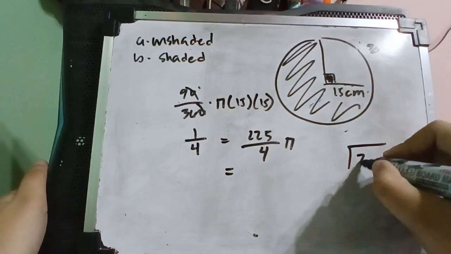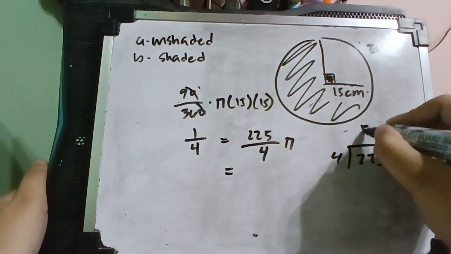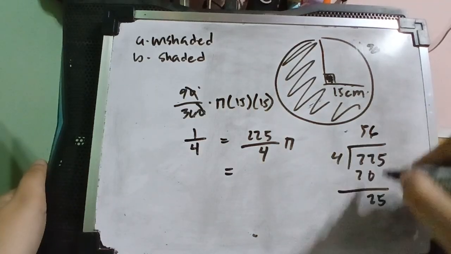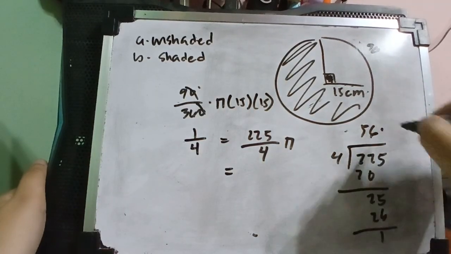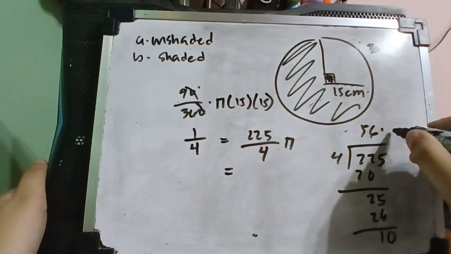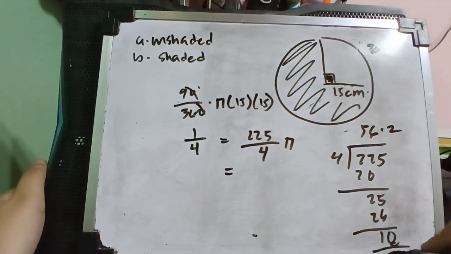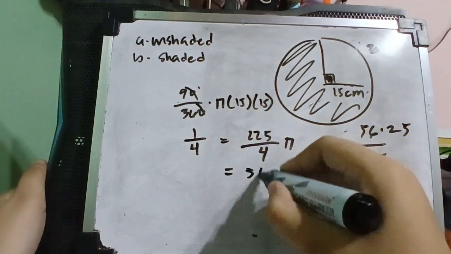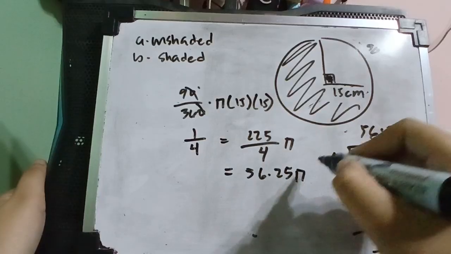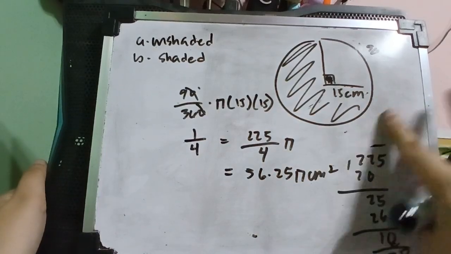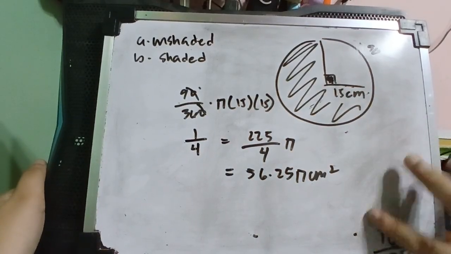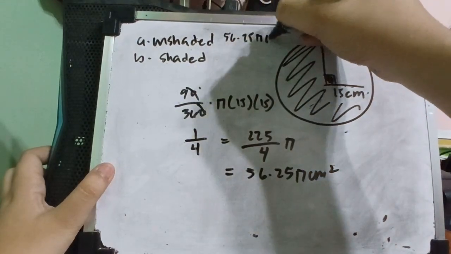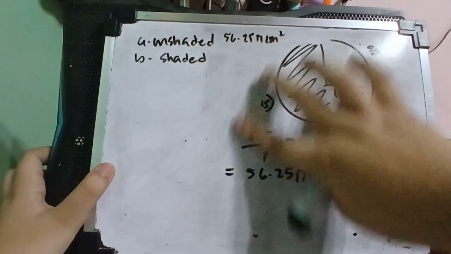So, magiging 56.25 pi cm squared. Okay? So, yung ating unshaded, 56.25 pi cm squared.